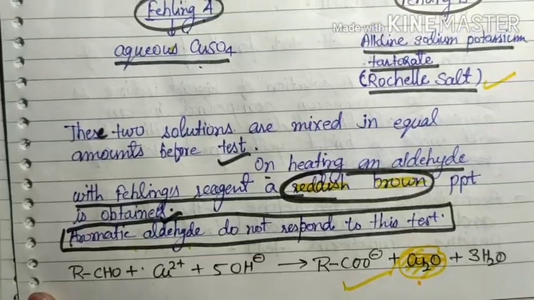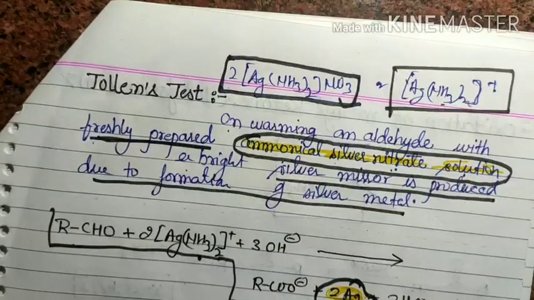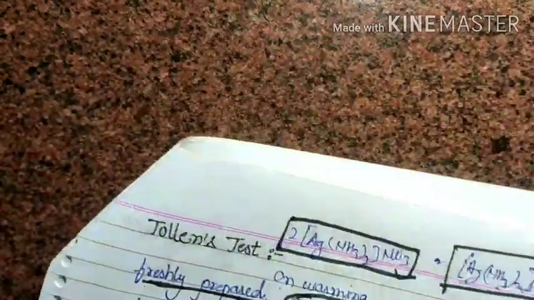So this is about the Tollens test and Fehling test. Both are shown by aldehydes, not by ketones, so this is a distinguishing test for aldehyde and ketone.